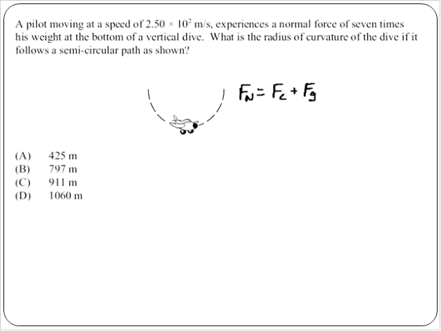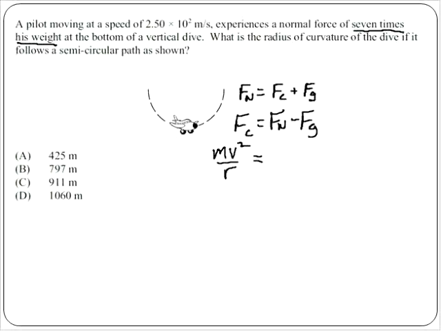Now, we want to know the radius of curvature of the dive. So I'm going to rearrange this a little bit. I'm going to say that's the same thing as Fc equals Fn minus Fg. So mv squared over r equals, now, Fn. I don't know what Fn is, but I do know that the normal force is 7 times his weight.